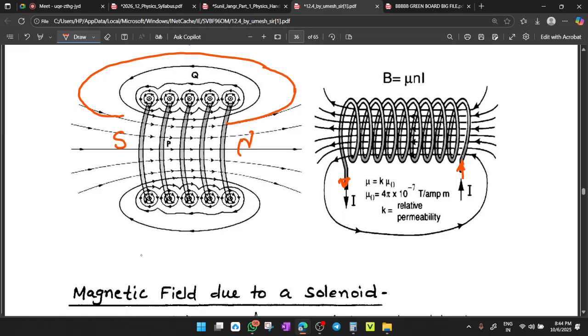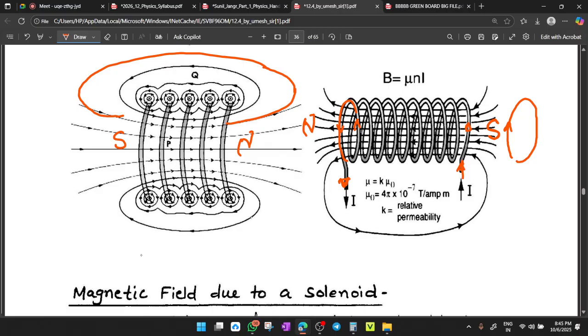Why? Because the current here is like this, so it is anti-clockwise. Here the current is anti-clockwise, so the anti-clockwise loop will give you north pole, and here it is clockwise, so it will give you south pole.